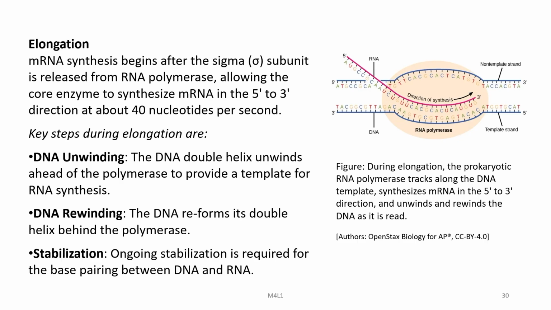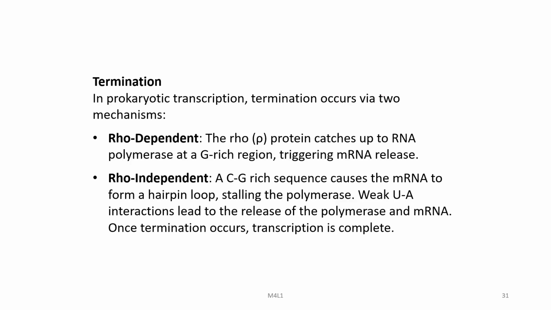The DNA double helix unwinds ahead of the polymerase to provide a template for RNA synthesis. DNA rewinding also happens: the DNA reforms its double helix behind the polymerase. Then there is stabilization. Ongoing stabilization is required for the base pairing between the DNA and the RNA.